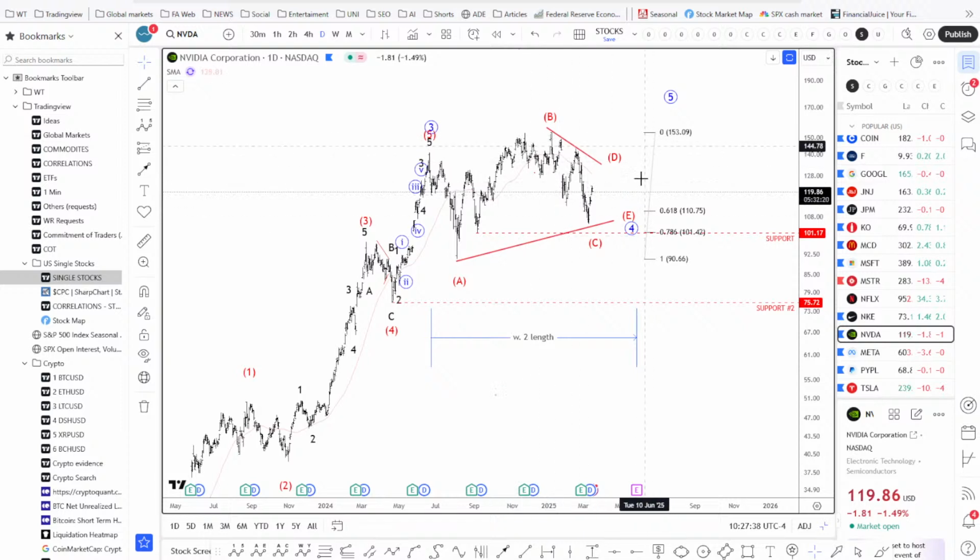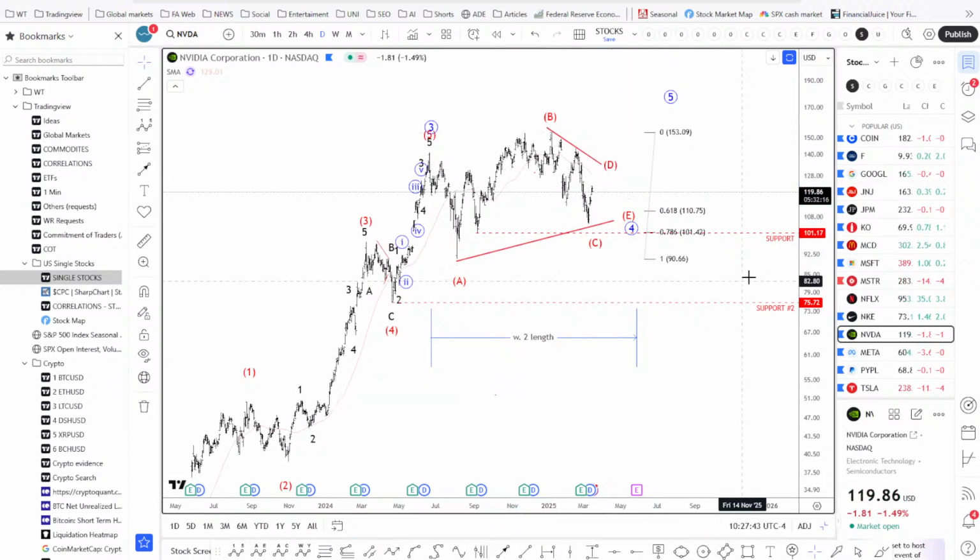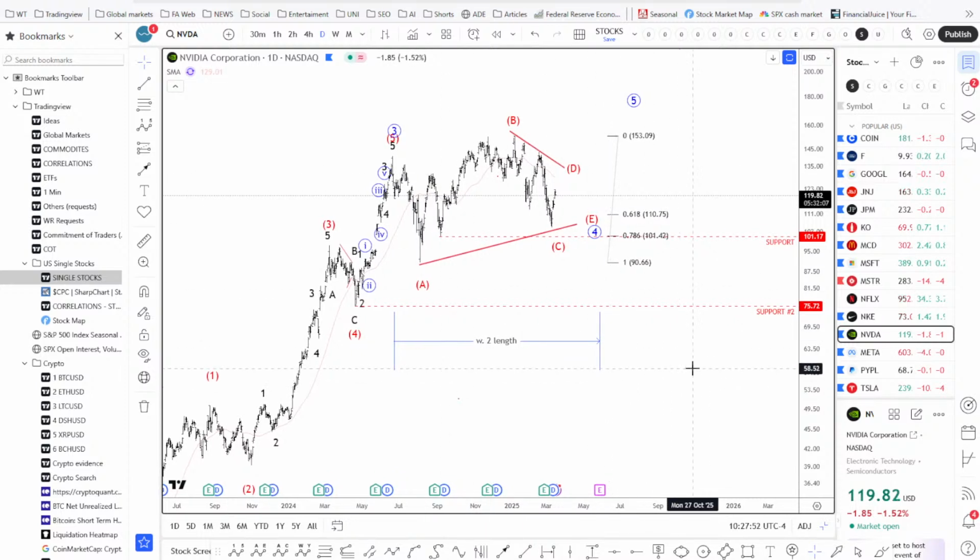Ideally, we will see an ABCDE formation, then possibly we'll start breaking higher maybe late in April or May. So be aware of this choppy price action until these ABCDE legs are in place.